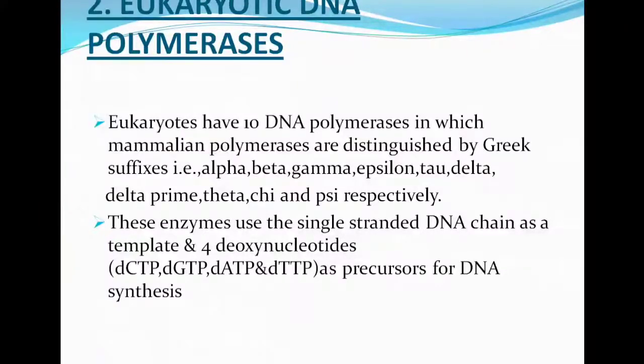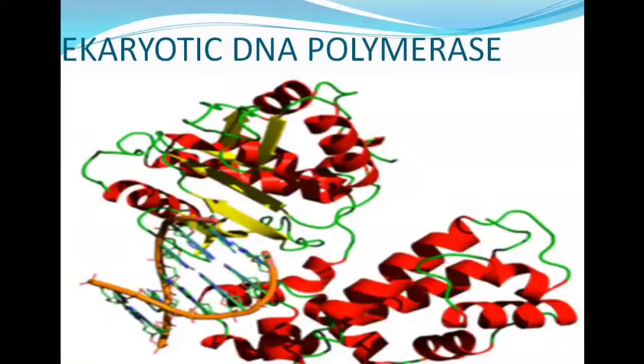So they can use the single-strand DNA chain as template and 4 deoxynucleotides, that is dCTP, dGTP, dATP, deoxyadenosine triphosphate, deoxycytosine triphosphate, guanine triphosphate, like that, as precursors for DNA synthesis. Of course, this is the diagrammatic representation of eukaryotic DNA polymerase.